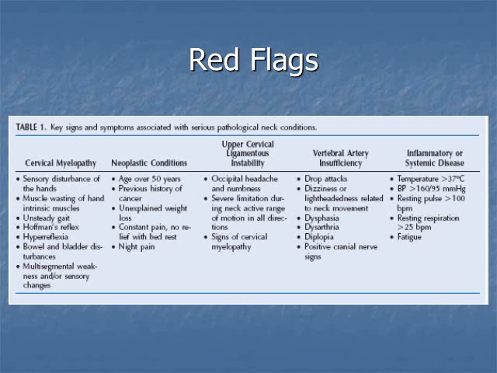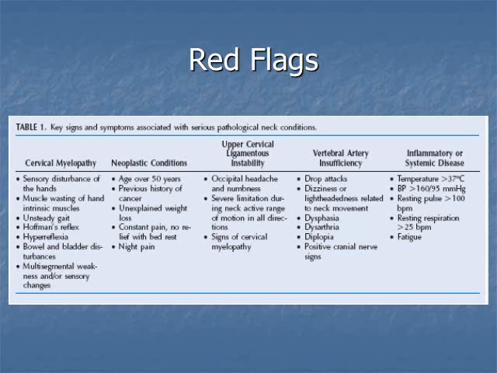And I will argue, again, these are not necessarily contraindications to physical therapy, but maybe indications that we need to refer these patients to an additional provider, particularly in terms of neoplastic conditions, cancer, or the inflammatory processes.